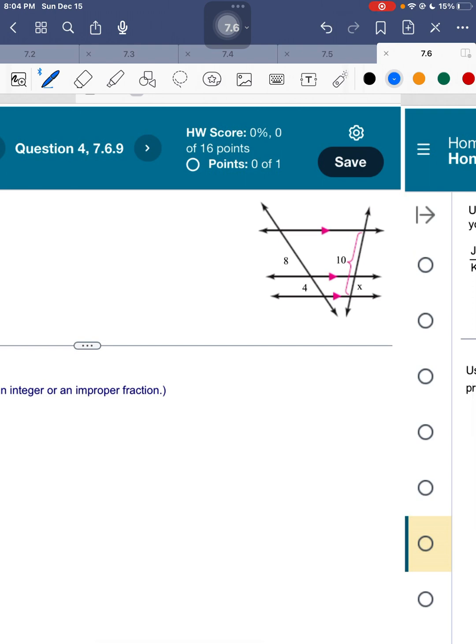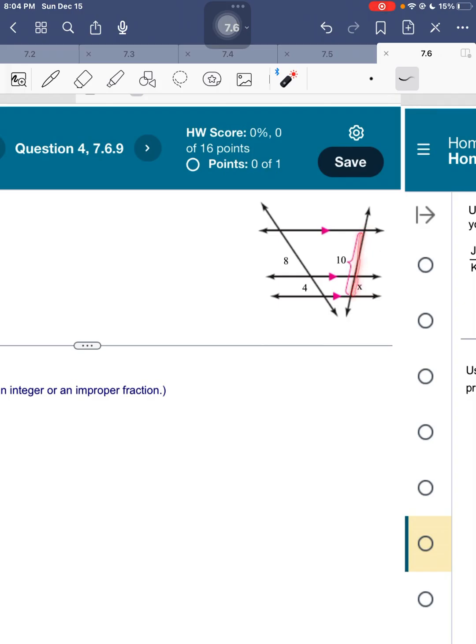Okay, so next. Same thing here, right? If I have 3 parallel lines intersecting 2 line segments, same thing. 4 is to 8 as x is to 10, or 4 is to x as 8 is to 10. Either way is fine.